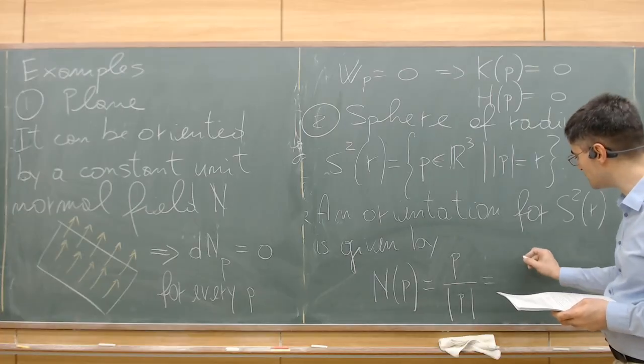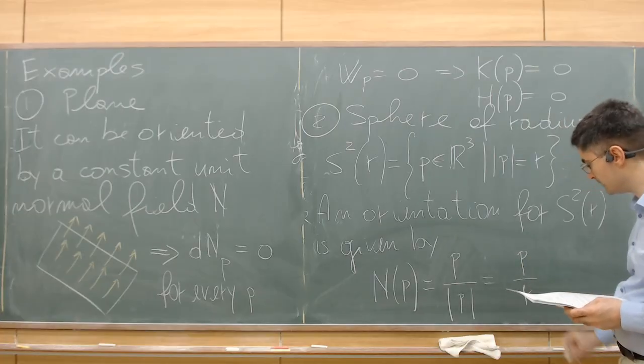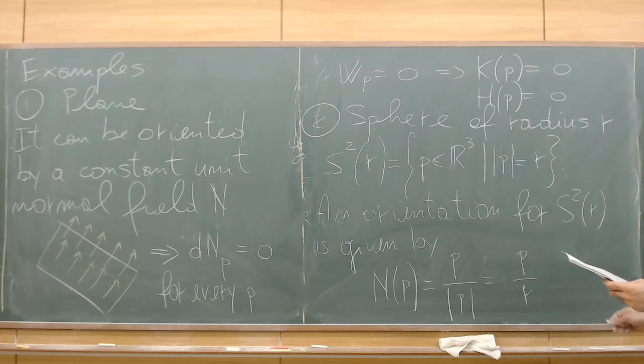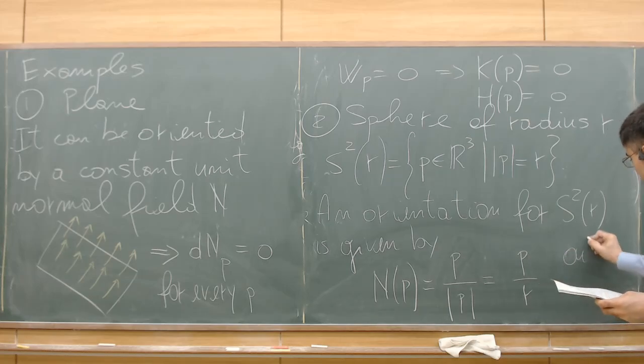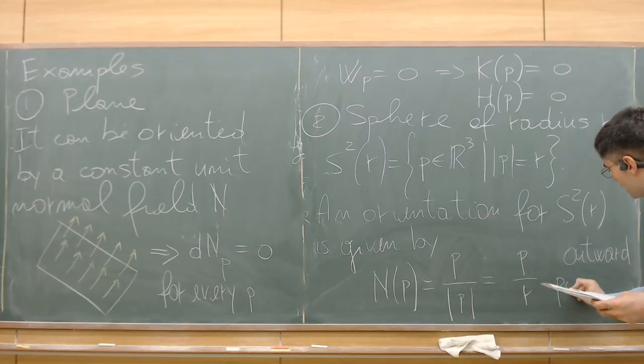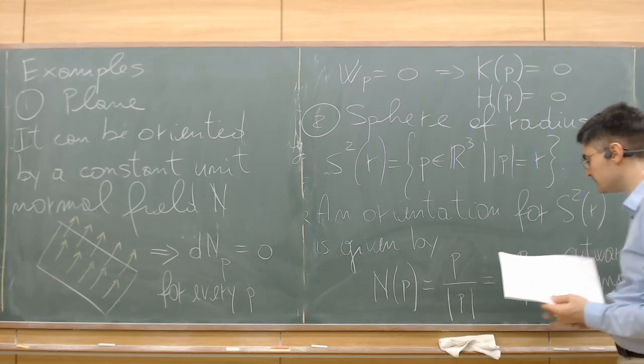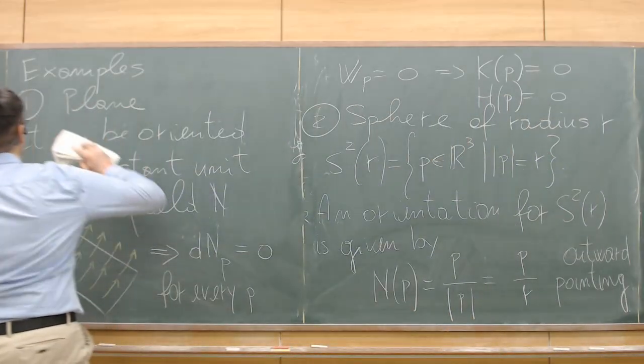So you can write P over R. This points outward, and it's clear why.